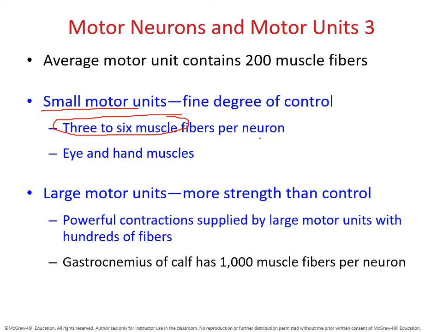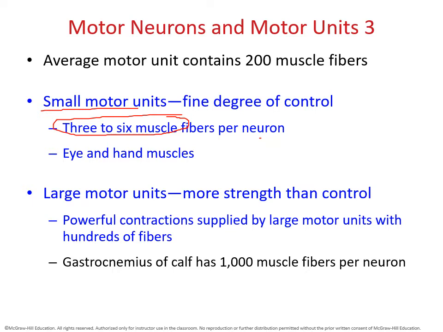So for instance, the fact that you can blink, or the fluttering of your eyelashes, or even your hand muscles, that you have fine control of when you want them to fully contract, half contract, how much strength you're putting into that contraction. That's all due to the fact that you have a full range of control of the contraction strength and the use of the muscles. So this will be correlated with a small motor unit.